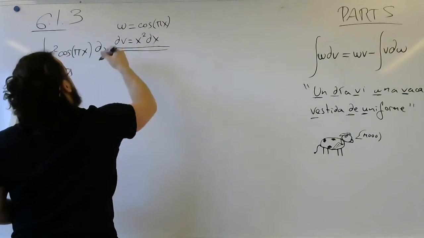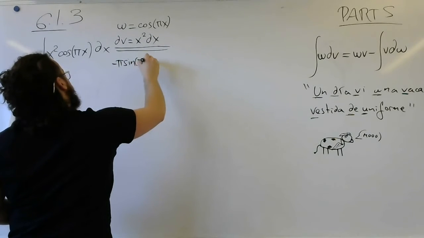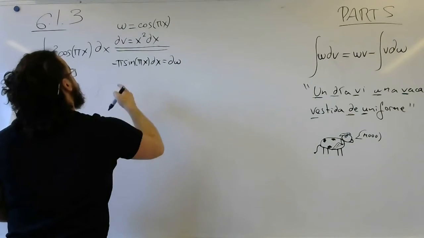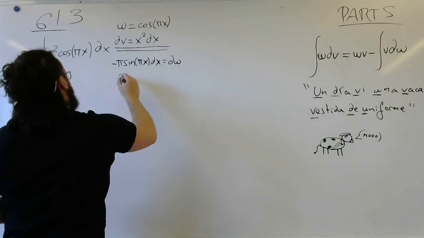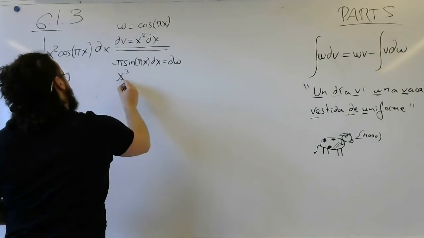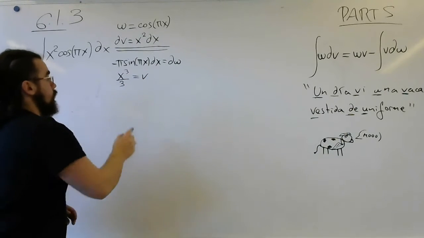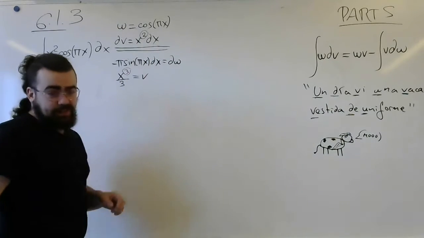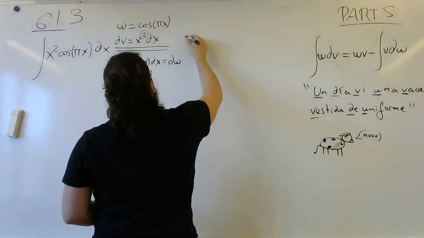So if we derivate this, we have minus pi sine of pi x dx is differential of w, and a function whose derivative is x squared is x cubed over 3. This is the first hint that something is going wrong. However, let's do it regardless.